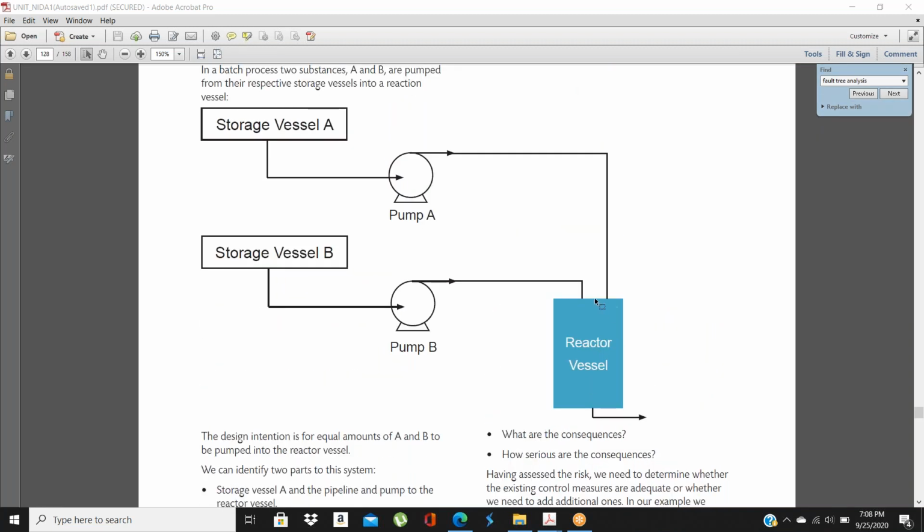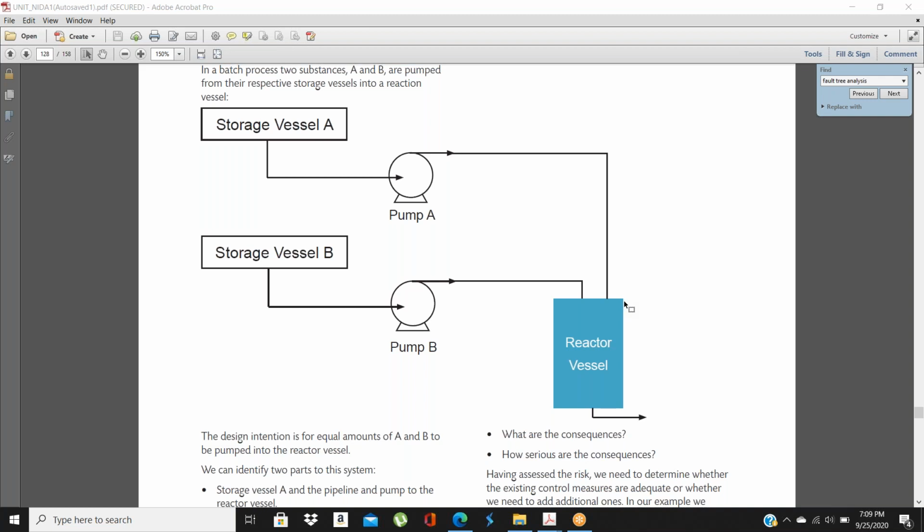Now let's suppose the reactor vessel is full and there is no fluid here. How will we identify this? For this we will install a level sensor, which senses the level of the reactor. For domestic tanks we can install a simple gauge, but for this reactor we cannot.